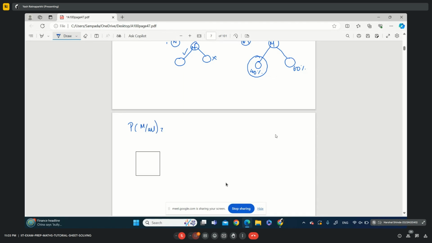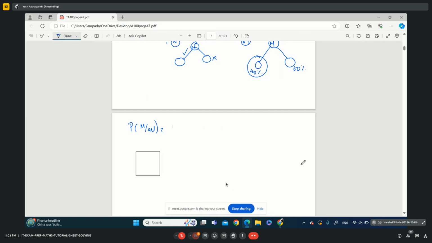We will write probability of A into probability of failure into probability of marginal. Or should I do it in reverse order? It will be better understood.